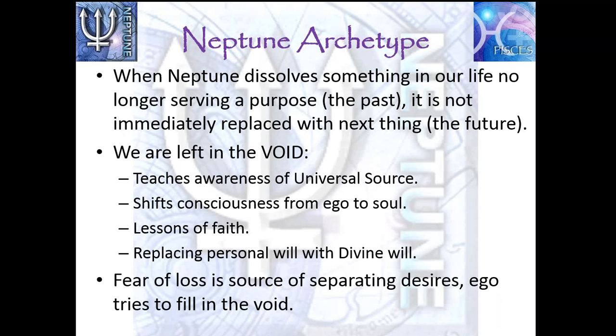We are left in the void, which is the present. The reason we're left in the void is so we cannot easily project that past forward. It teaches us to go inward and have that one-on-one connection with the universal source. It teaches us there are no substitutes for God, Goddess, or whatever we perceive our higher power to be.